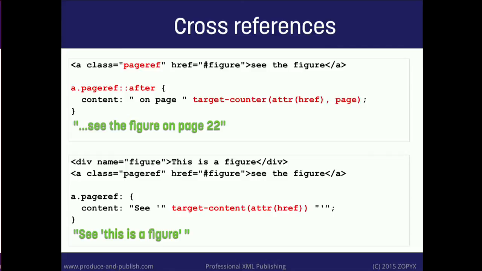In this case, the string "see" is fixed, and then this target-content at href construct would reference the text above in this element and insert it here. This could be used, for example, for generating running headers in the head section, where every page of a section has the main title of the main section.